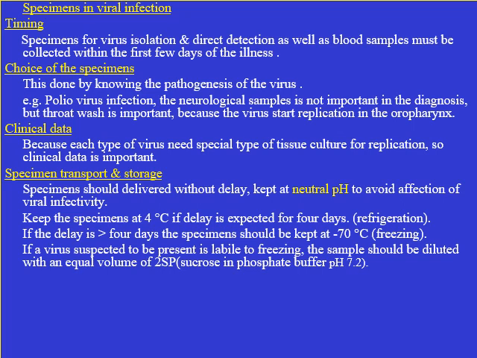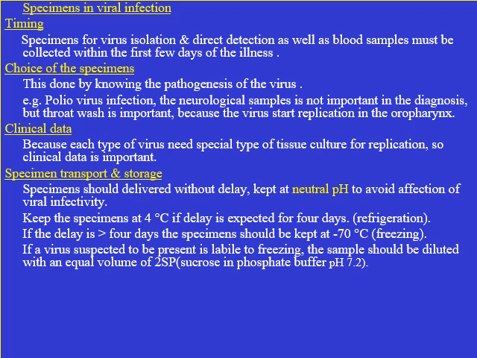So by knowing that the virus enters through the oropharynx and starts replication in the throat, the choice of specimen for the isolation of the poliovirus is the throat wash.